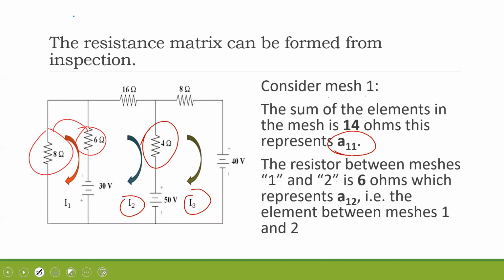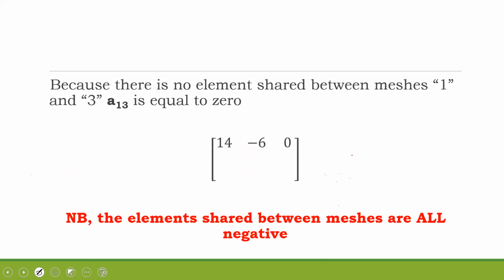The element we just spoke about, between 1 and 2, would be 6, and so we get the 14, which is all the elements in mesh 1.